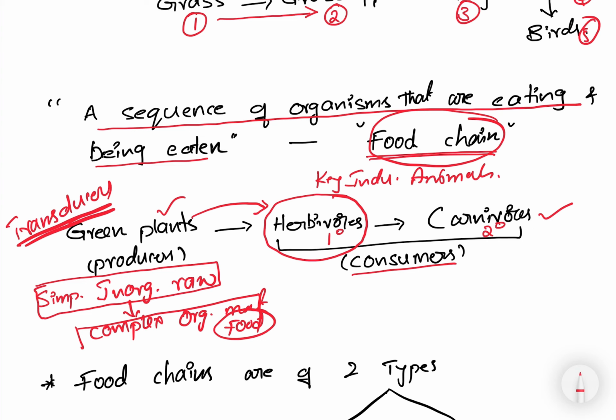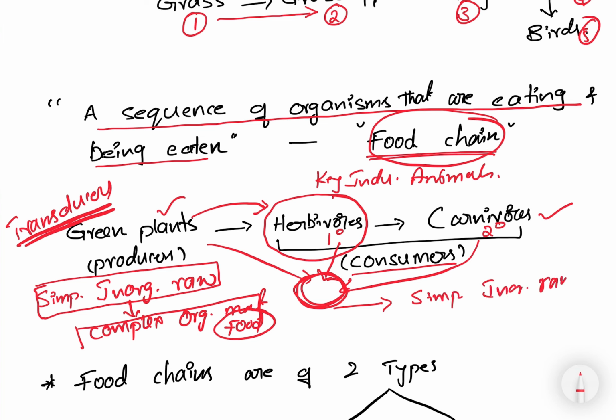The next important concept we need to understand here is that green plants will die, herbivores will die, carnivores will die. So all the complex organic material prepared by the producers and transferred to different organisms like herbivores and carnivores should be converted into simple inorganic raw materials again, and that responsibility is taken by the decomposers.